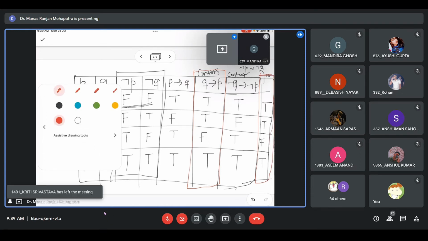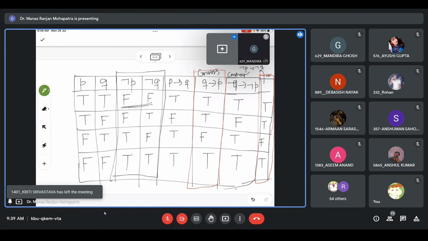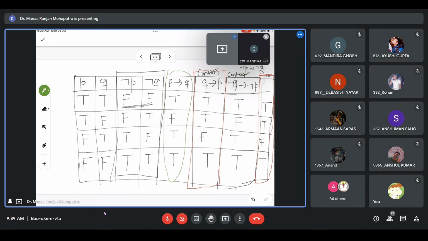However, if you look at the other two, this implication P implies Q column is exactly equal to the contrapositive. So from this truth table, we can say that these two statements are equivalent, and these two statements are equivalent.